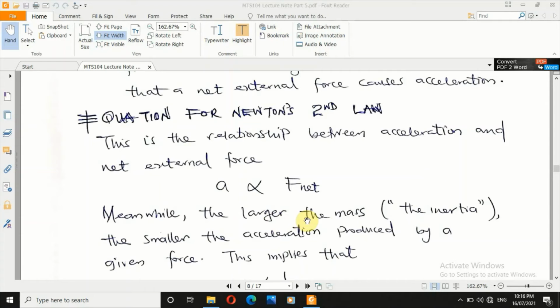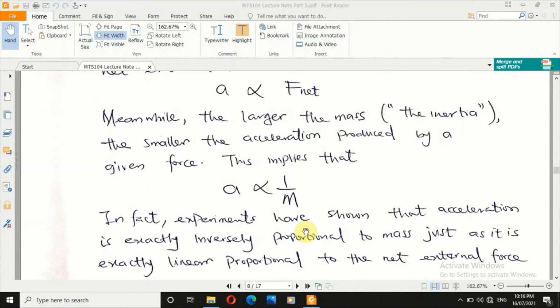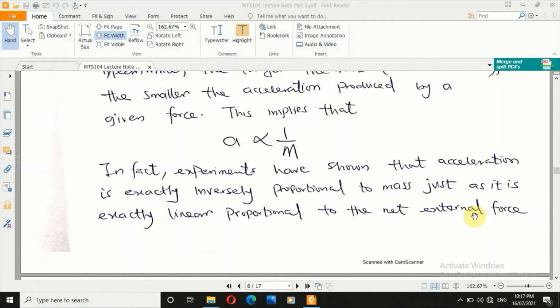Now, meanwhile, look at it, the larger the mass, the smaller the acceleration produced by a given force. This implies that the acceleration is proportional to 1 over what? 1 over mass. So, in fact, experiments have shown that acceleration is exactly inversely proportional to mass, just as it is exactly linearly proportional to the net external force.